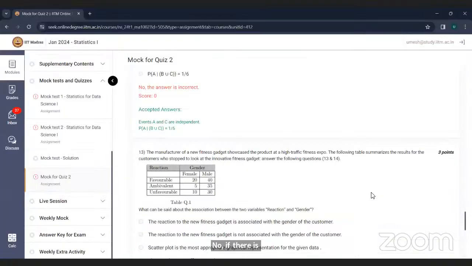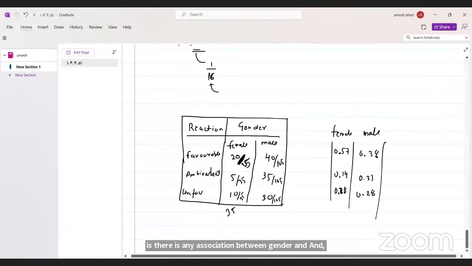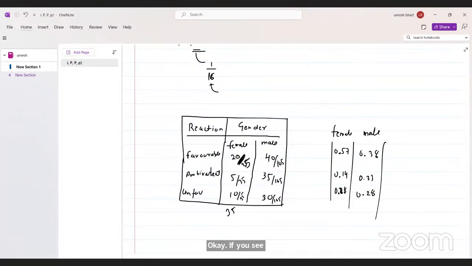Now, is there any association between gender and reaction?